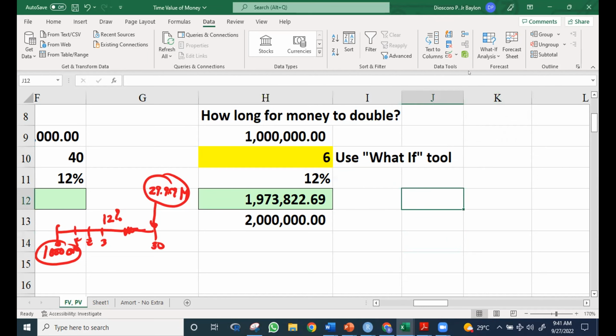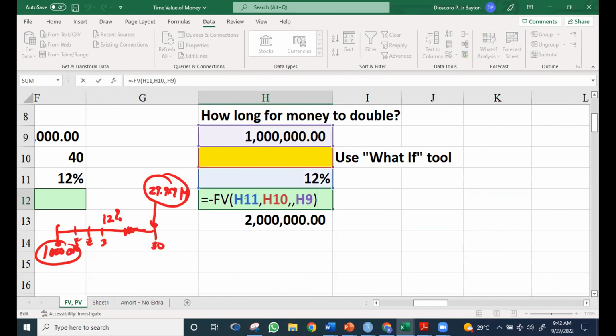We're just using one function in What-If Analysis, the Goal Seek. So we're interested to know, our money today is 1,000, and we would like to know in how many years will our money double. So this one, it's a formula. It's a future value, this one is your rate, 12%, and then your NPER, it's blank at the moment, we don't know, and then your PV is 1 million.